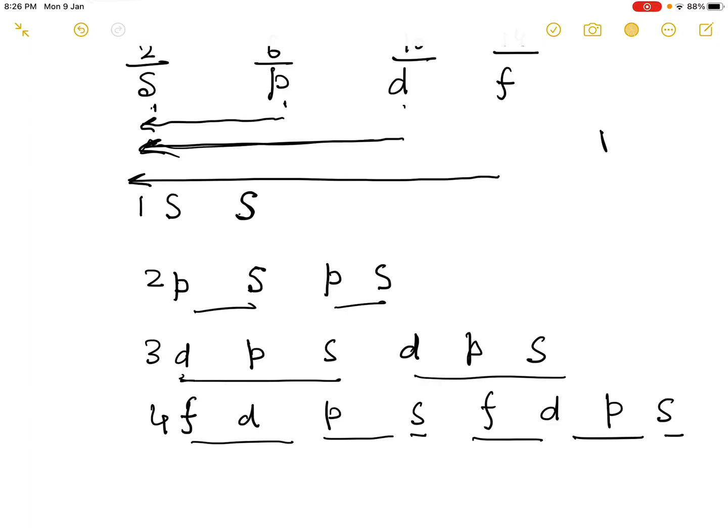Now we have to number these subshells. How? First we complete the number of s orbitals: 1s, 2s, 3s, 4s, 5s, 6s, 7s, and 8s. Okay.